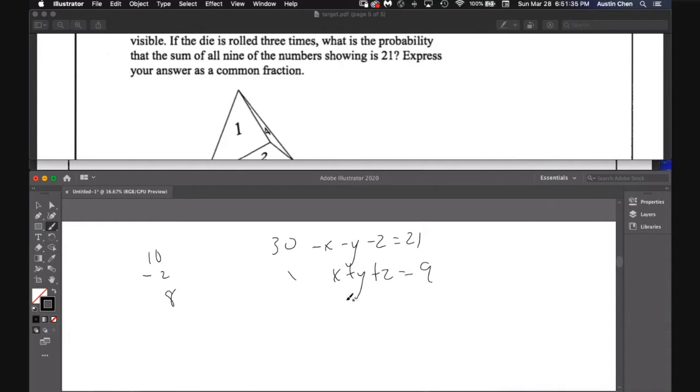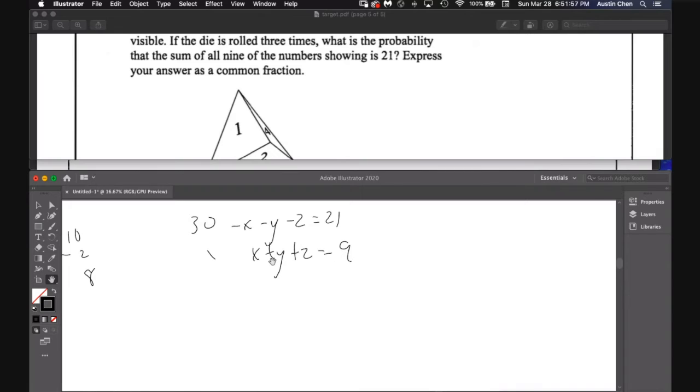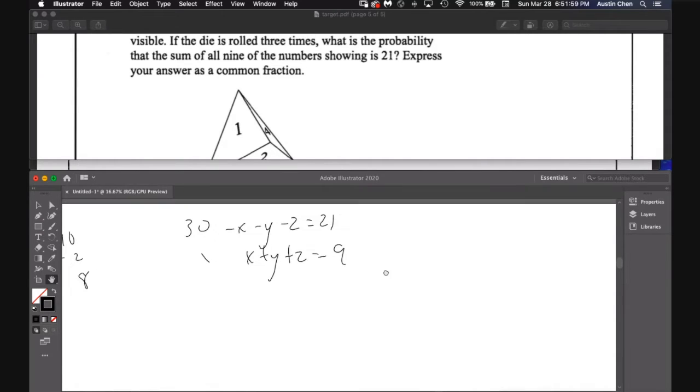And then you can convert the problem into an easier problem. Now we're rolling one face out of 4 faces, and we want the sum to equal 9, and we want to find the probability of that. Each of these rolls can be 1, 2, 3, or 4, all with equal probability. So how are we going to do this? We have 3 rolls, and 9 is a very small number.